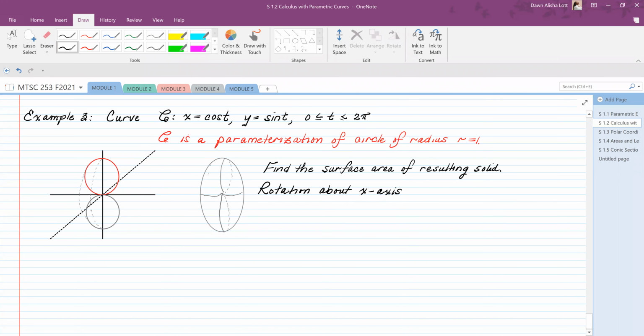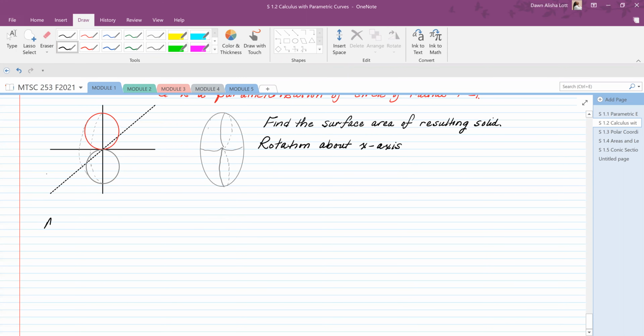So our Cartesian formula, if we remember, was the surface area is the integral from a to b of 2 pi times y times the square root of 1 plus y prime squared dx.